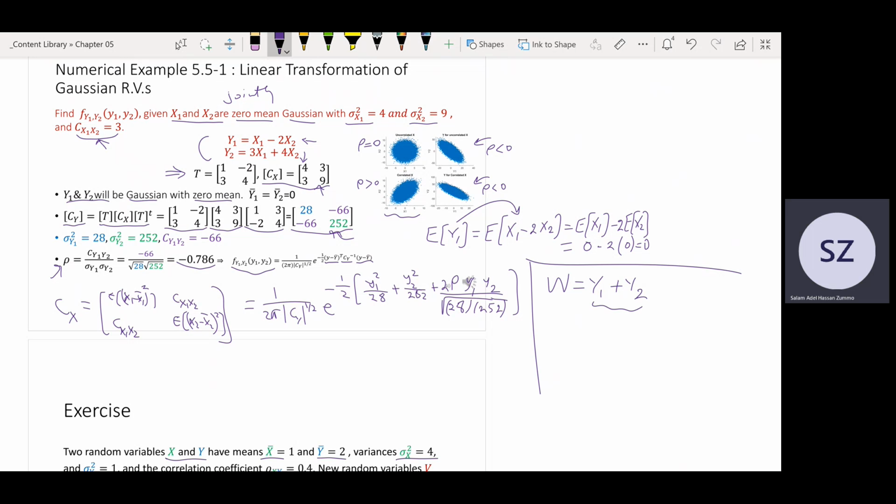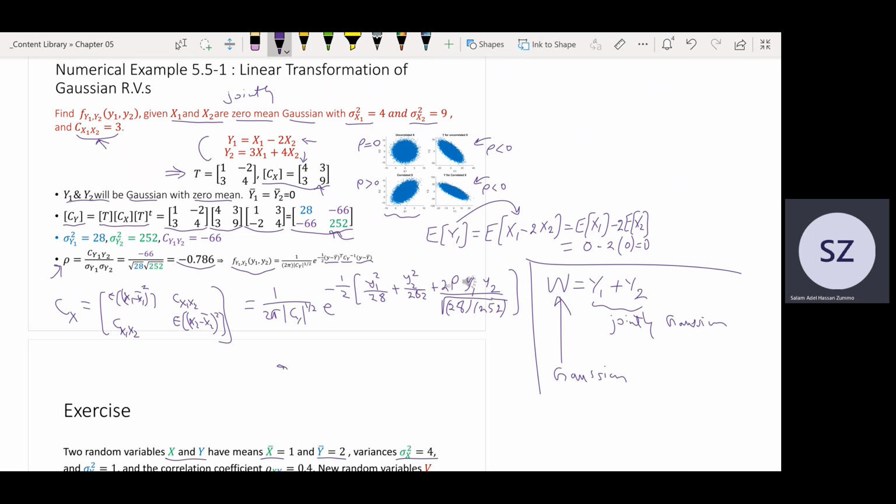So these are two jointly Gaussian. Why are they jointly Gaussian? Because the original X1 and Y1 are jointly Gaussian. And because of that, this is Gaussian. We established this before: any linear transformation of jointly Gaussian variables gives you a Gaussian.